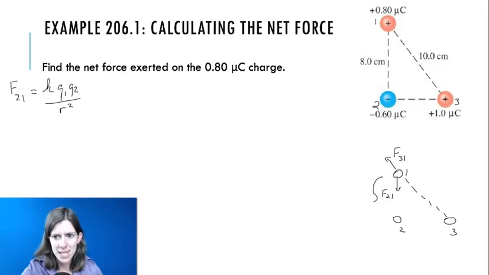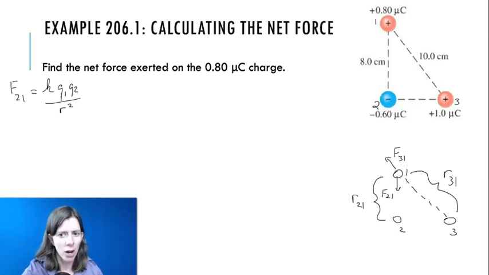So this distance here is the distance between 2 and 1, while this distance over here is the distance between 3 and 1. So instead of calling it r, let's call it r21 just to make sure that we are using the correct distance. If we look at the picture here, the 8 centimeters is the r21.